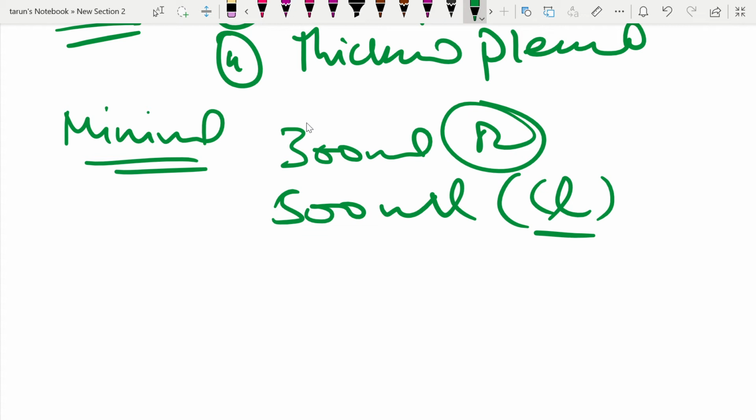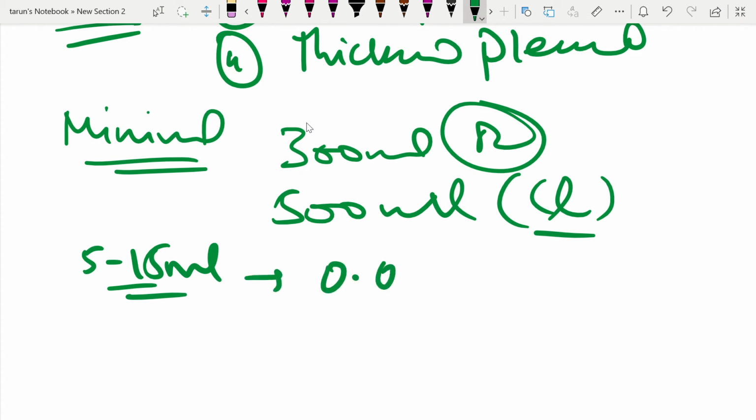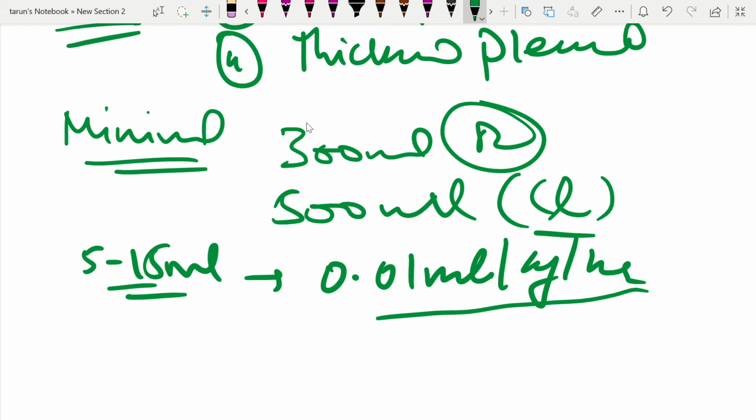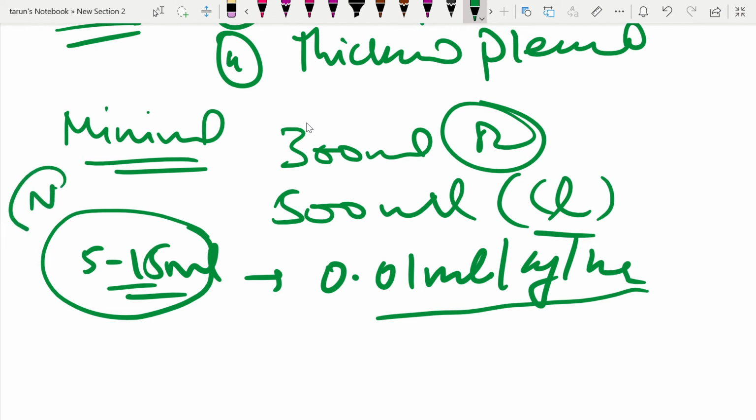So this is the normal production of a small amount of pleural fluid.